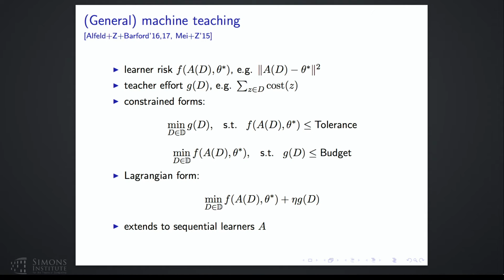And you can, of course, compose these two in various ways, either constrain one and minimize the other, or take a weighted average of the two. Now, this could also apply to learners that are not just batch learners. You could say A is a standard perceptron algorithm, and ask how to construct an optimum sequence that's the shortest, and so on.